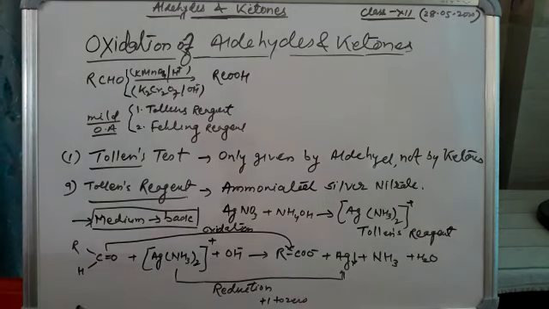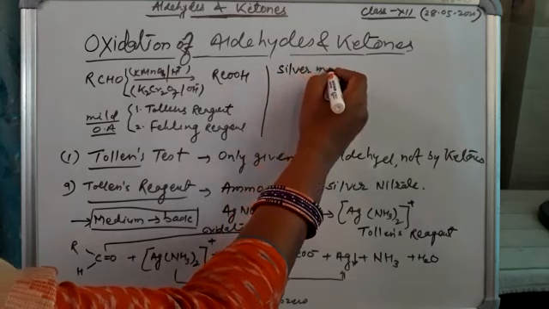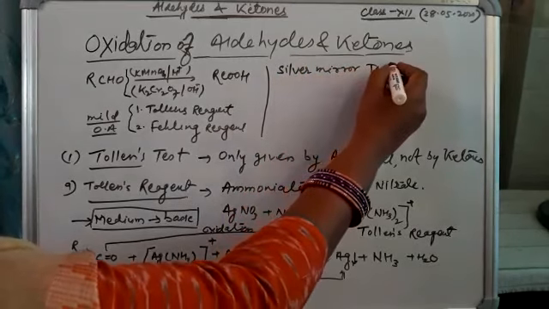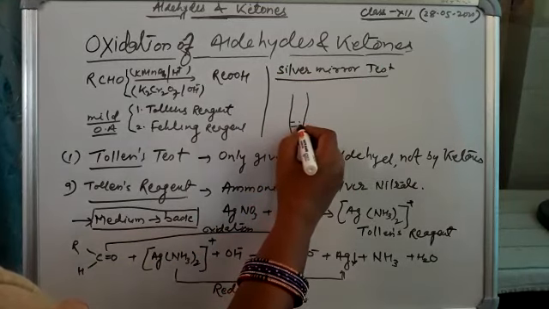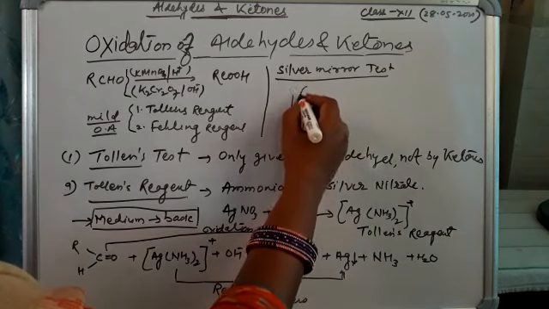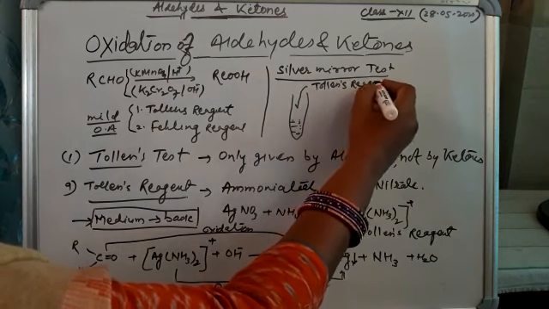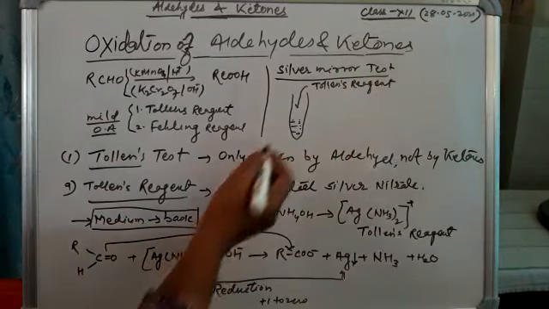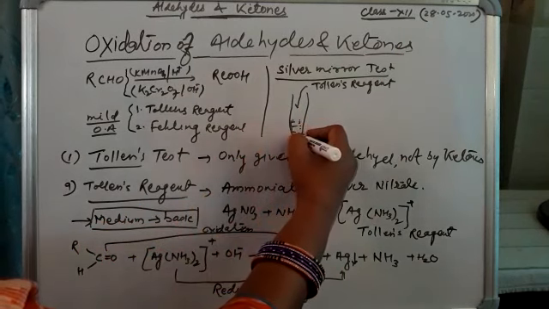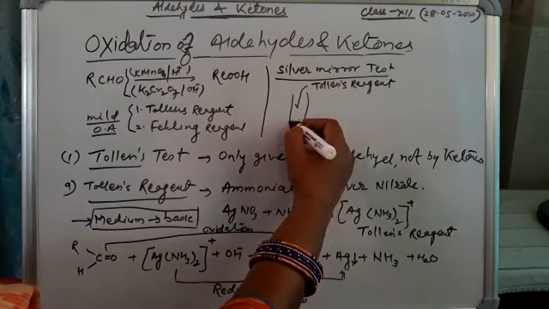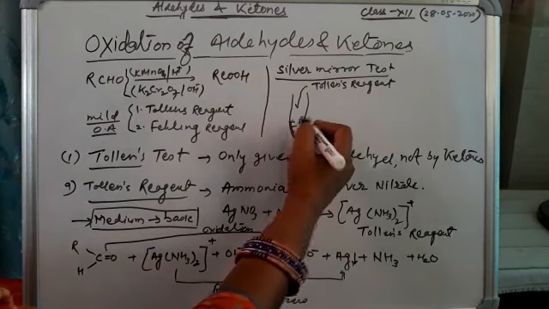This test is also known as silver mirror test. Because when a test tube is taken in which the organic sample is present and Tollens reagent is mixed with this sample, meaning aldehyde, there will be deposition of silver on the inner wall. So a shining silver mirror forms; we can even see our face in this mirror.